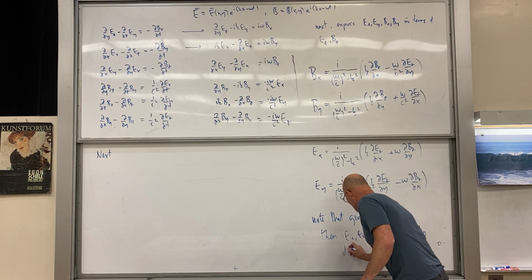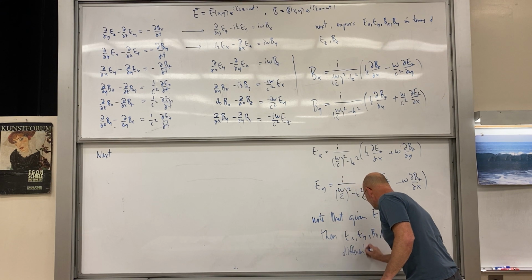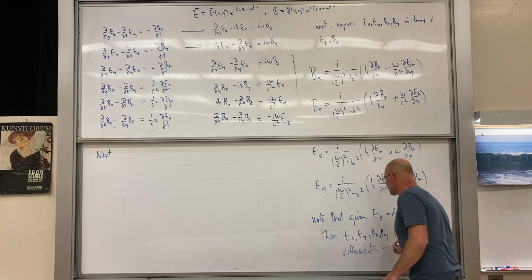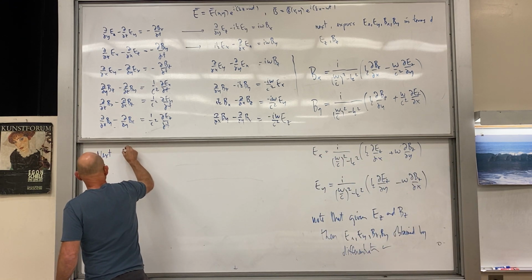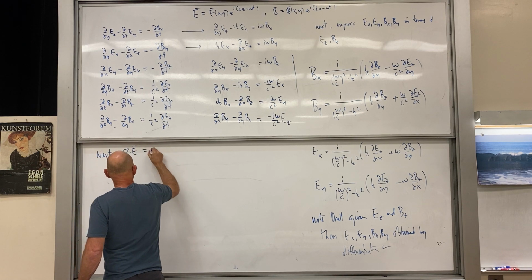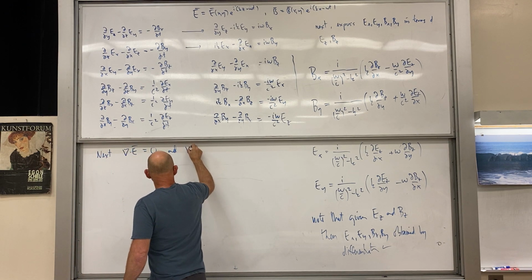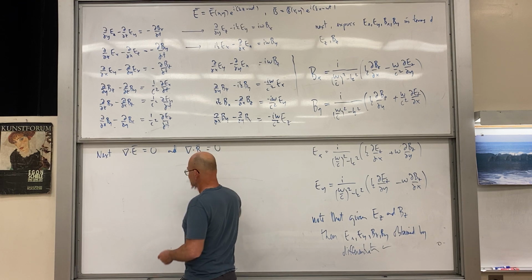So we've already accomplished something. What comes next is divergence of E equals 0 and divergence of B equals 0.